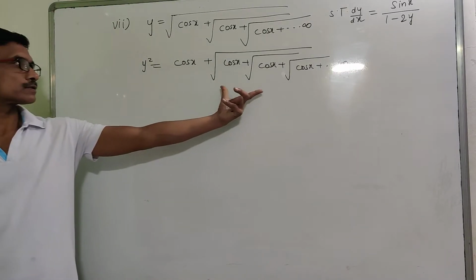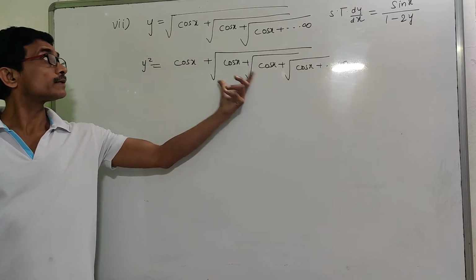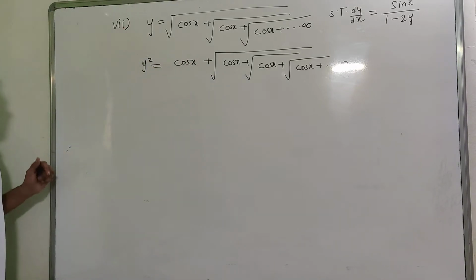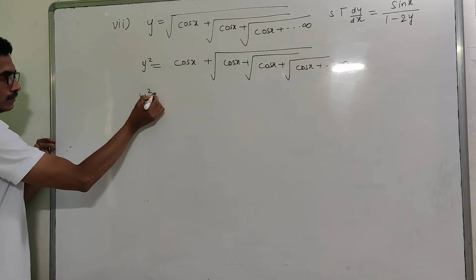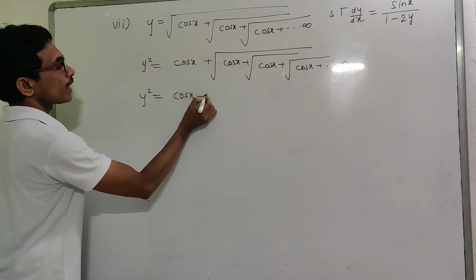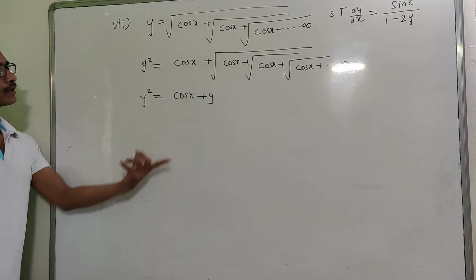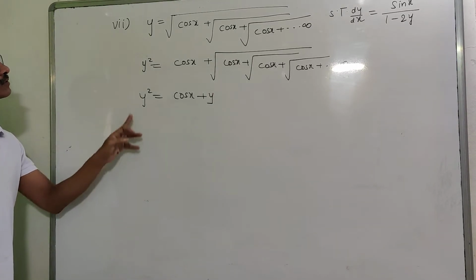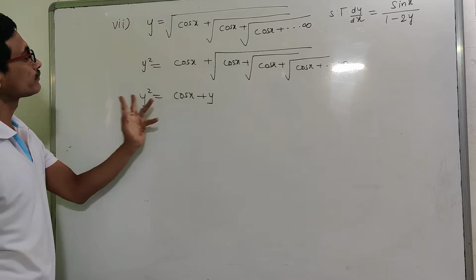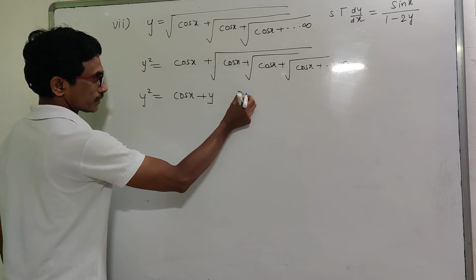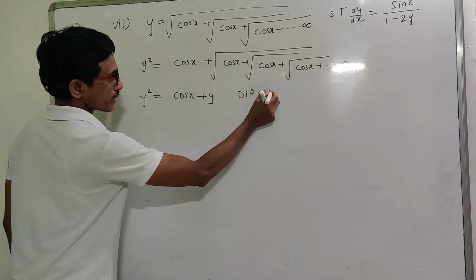Students, you will observe that this remaining part is nothing but y, so you may replace it by y. It becomes much easier: y square is equal to cos x plus y. So instead of an infinite number of terms, we now have limited terms. Now differentiate with respect to x.